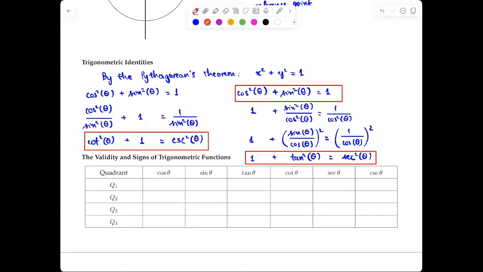Similarly, for the third identity, you divide both sides of this equation by sine squared of theta, and again manipulate the ratio to arrive at the answer. Okay, so those are the three very important trigonometry identities that, if you are in the sciences, you will see over and over again.